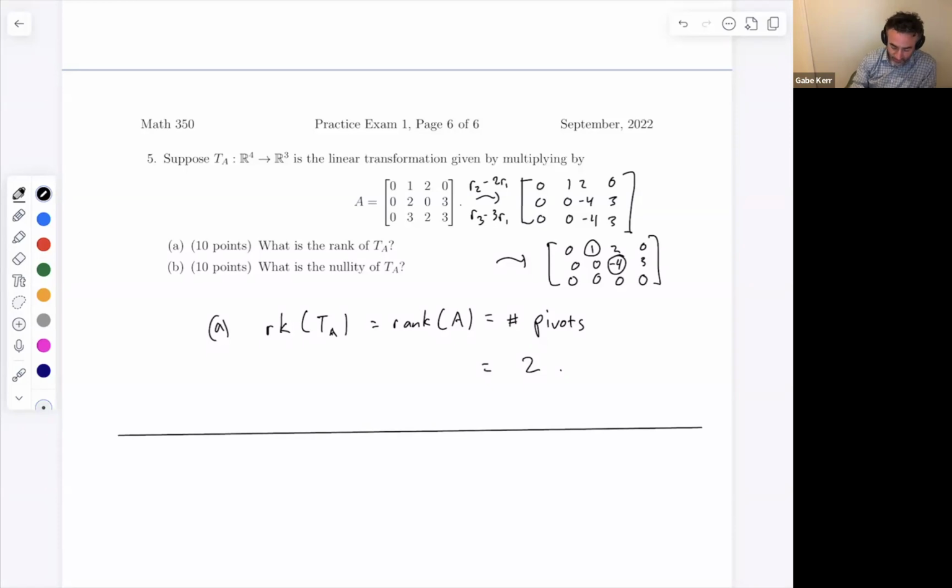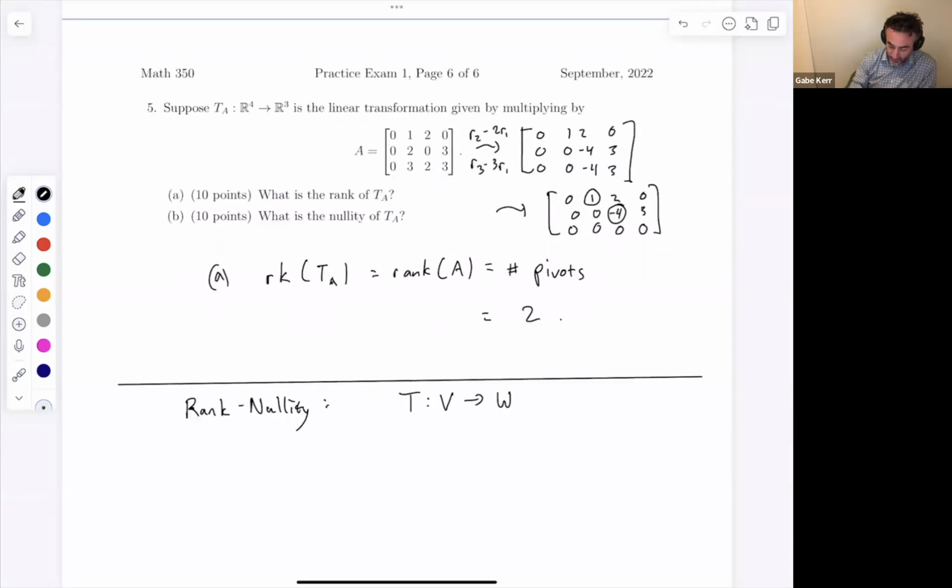It says the following: if I have a linear transformation T from V to W, then the dimension of the image of T plus the dimension of the kernel of T is equal to the dimension of the vector space V.